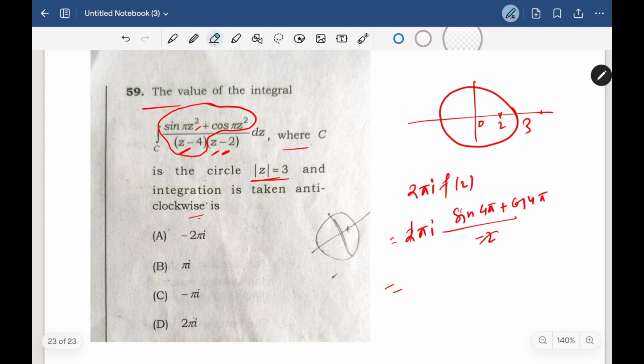So this is minus pi i times (sin 4 pi plus cos 4 pi). sin 4 pi is 0, and cos 4 pi is 1. So the final answer will be minus pi i. So option C is correct.